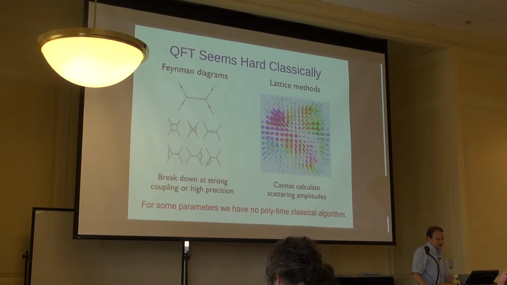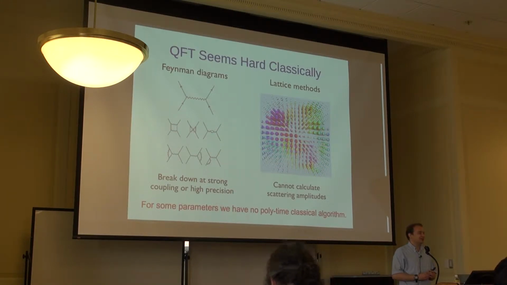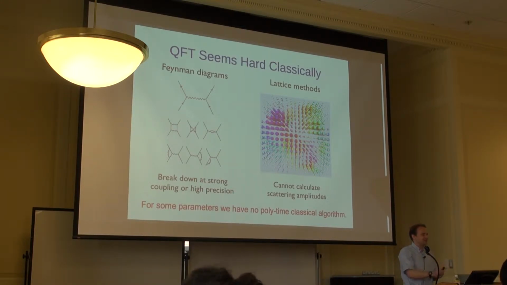And I would say there's kind of two main candidates. One of them is using Feynman diagrams. And this is an algorithm which is so efficient that oftentimes you don't even need a computer to do it. You can do it with pencil and paper and just using your brain. So that's a remarkably efficient algorithm.